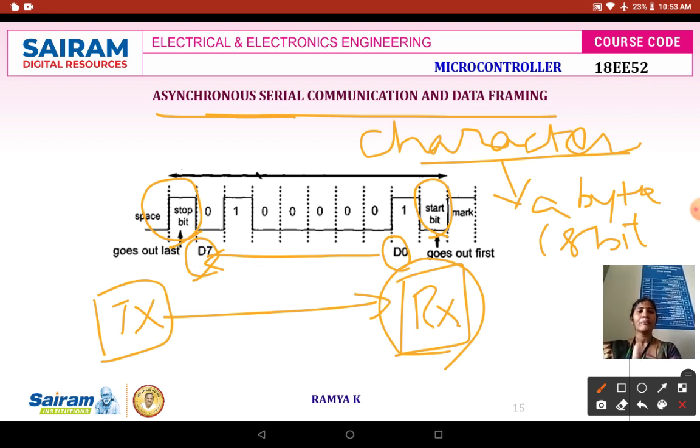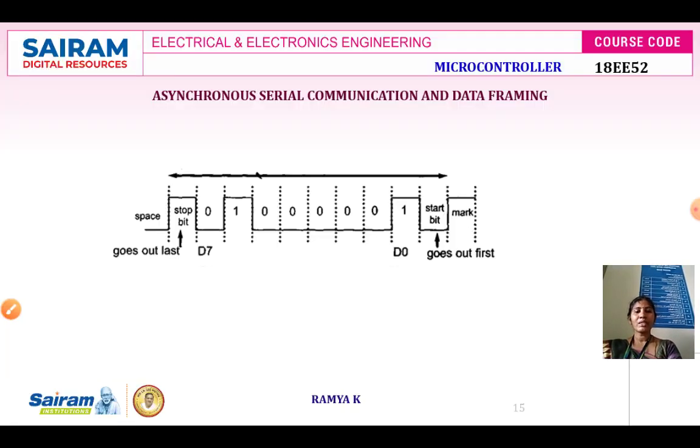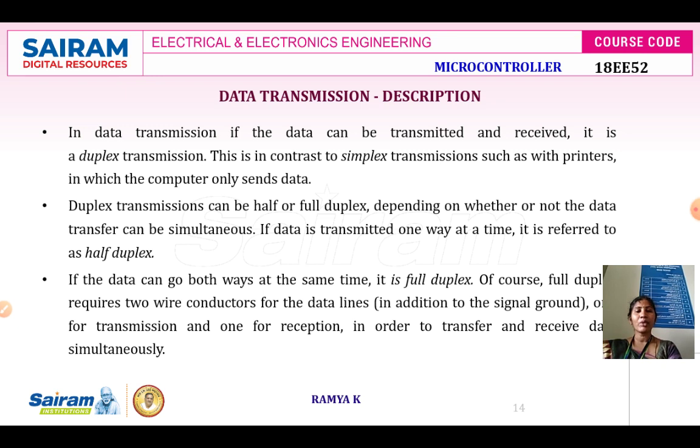Just to check that, we are going to use a bit called start bit and stop bit. So in the next class, we will be dealing in more depth with the protocol that is used for communicating your software and hardware.